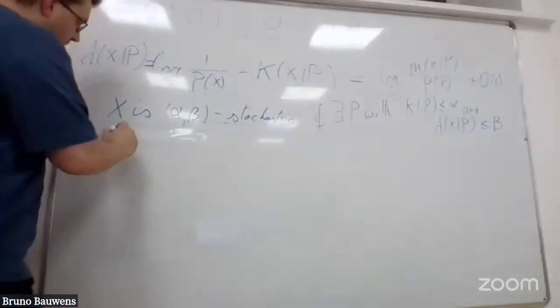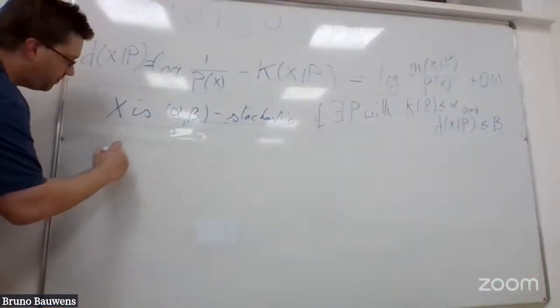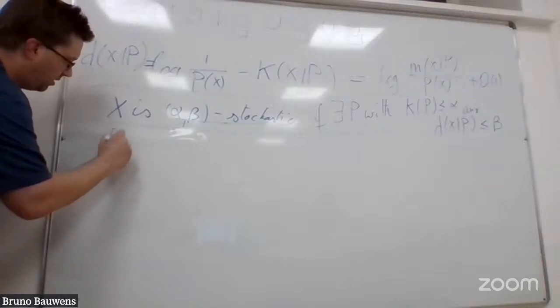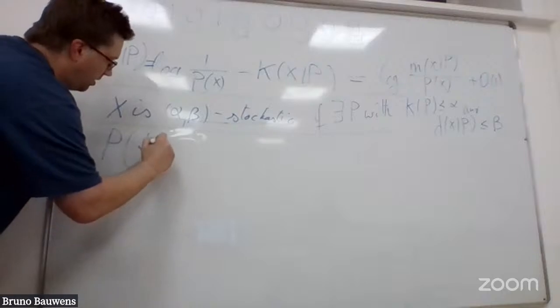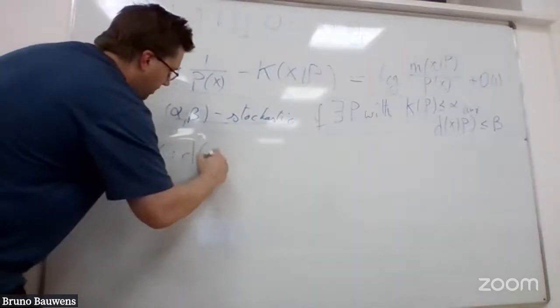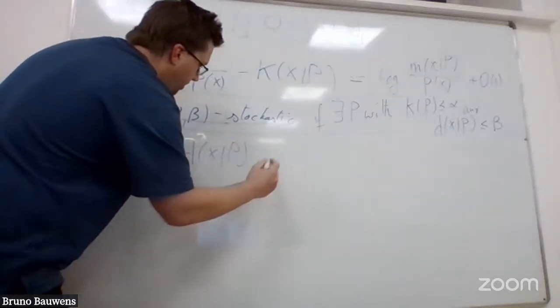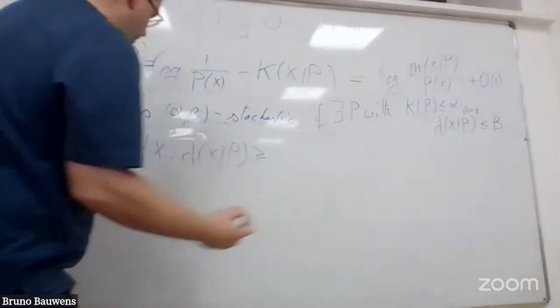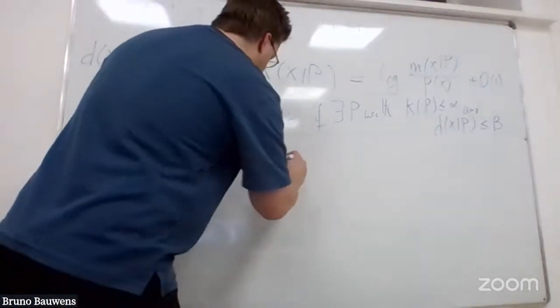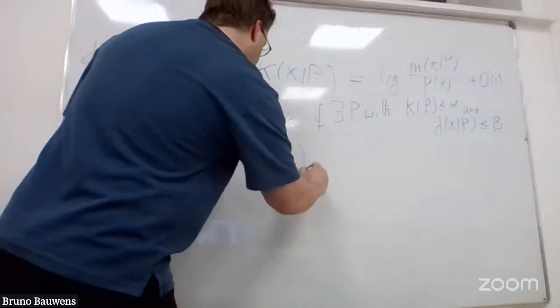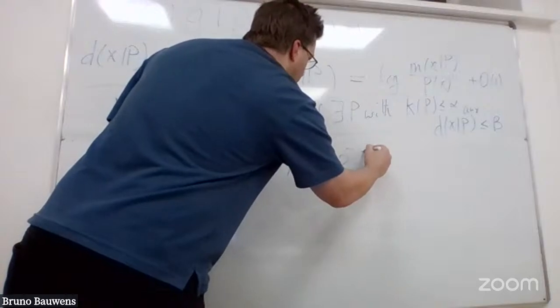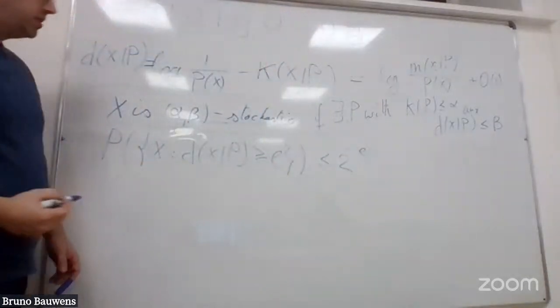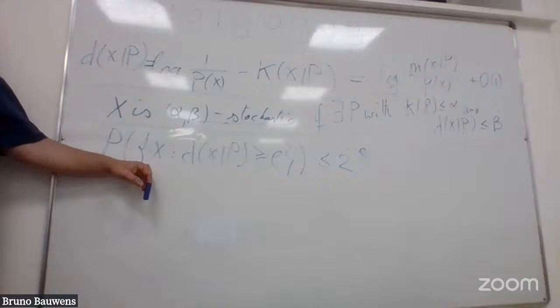So let me write it. Observation: the probability of all x so that the deficiency d(x|P) is bigger than some value e is smaller than 2 to the power minus e. Sorry, I should say big O of 2 to the power minus e. So how can we prove this little lemma? Why is it true?